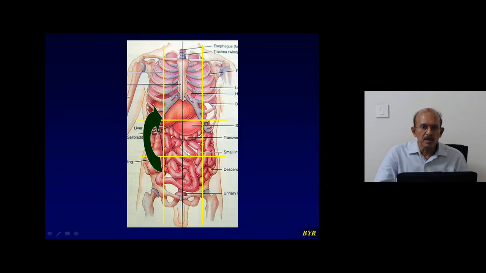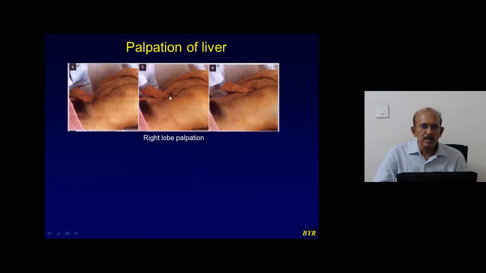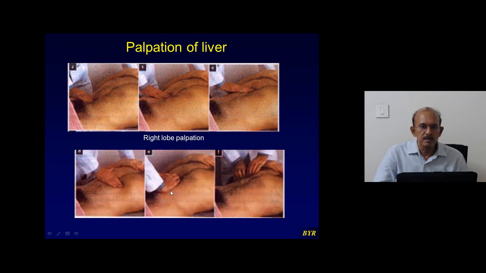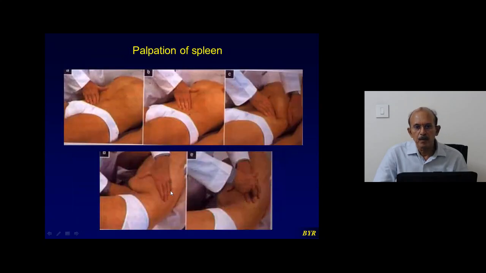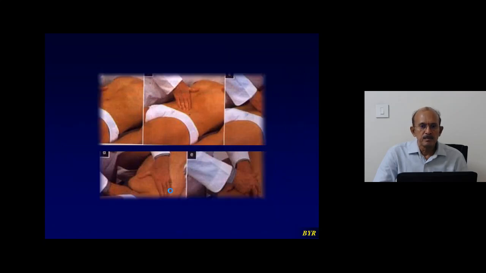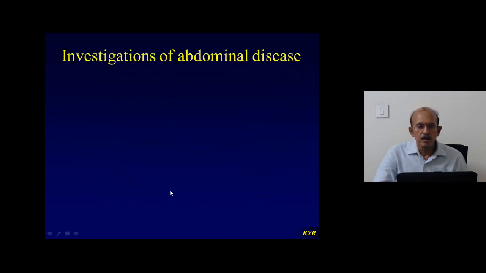With that guarding, you will not be able to appreciate the abdominal lumps. Then ultimately examine for the liver and spleen. I hope all of you know how to examine for the liver and spleen. So this is the examination of the abdomen.